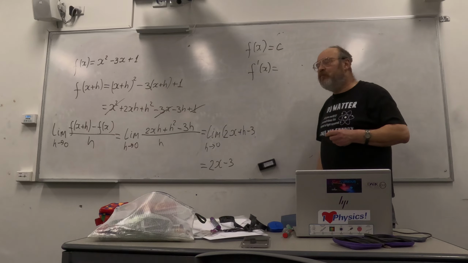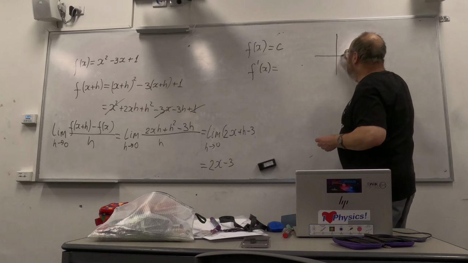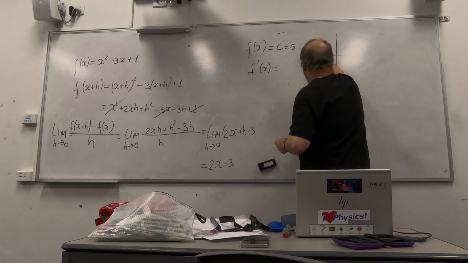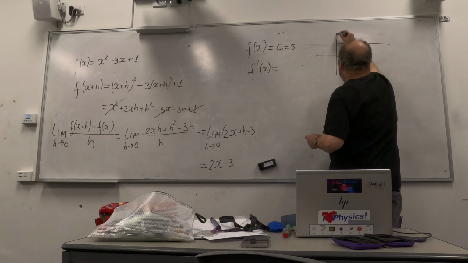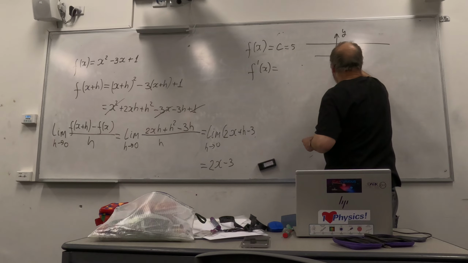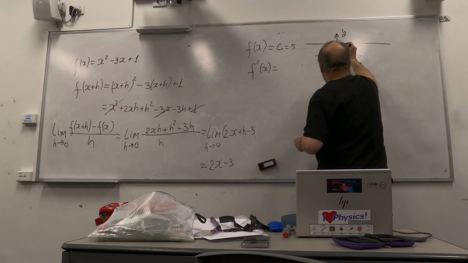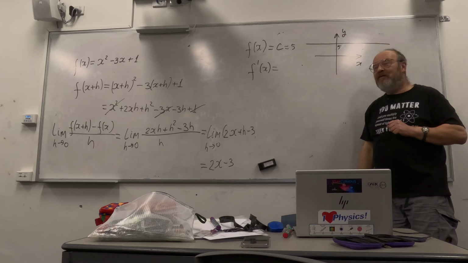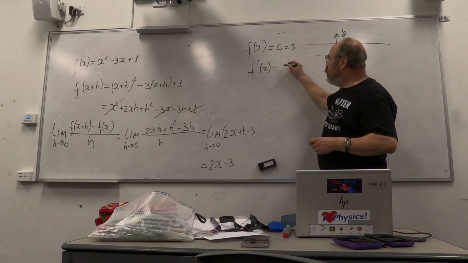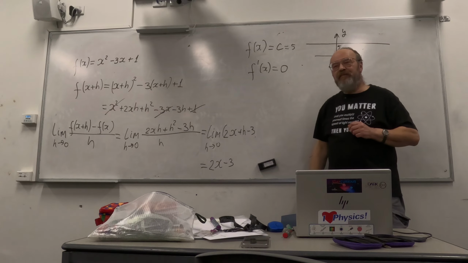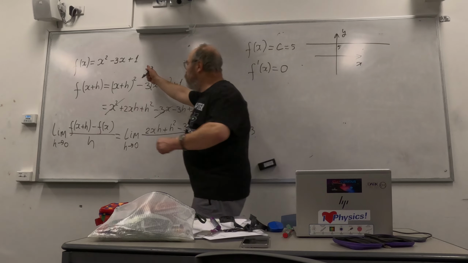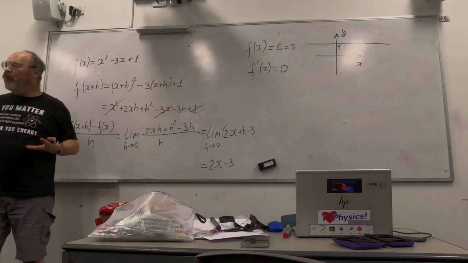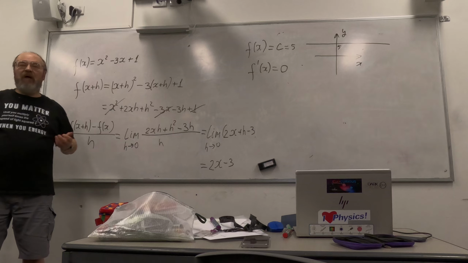Let's say c equals 5. The graph will be a line at 5. What is the gradient of this line? 0. So the derivative of a constant will be 0. That's why when we did this, nothing was left from 1, because the derivative of a number is 0. A number does not change.